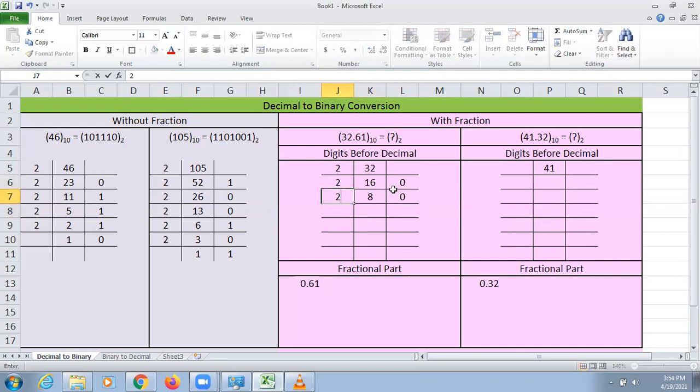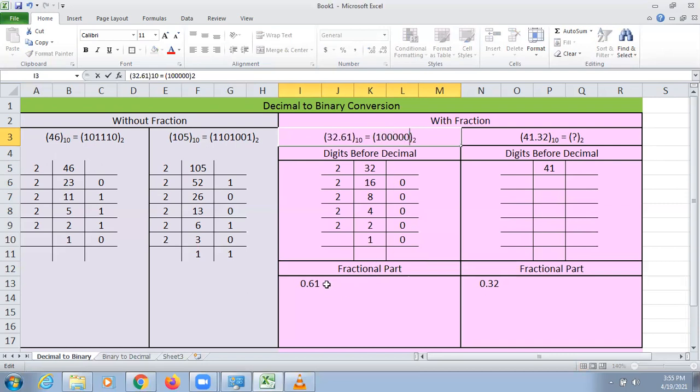Next is 2 4s are 8. Remainder is 0. Next 2 2s are 4. Remainder is 0. 2 1s are 2. And again the remainder is 0. So now we have the answer for the part before the decimal, that is 1, and 5 times you have to put 0 here. So just write down 1 and 5 zeros.